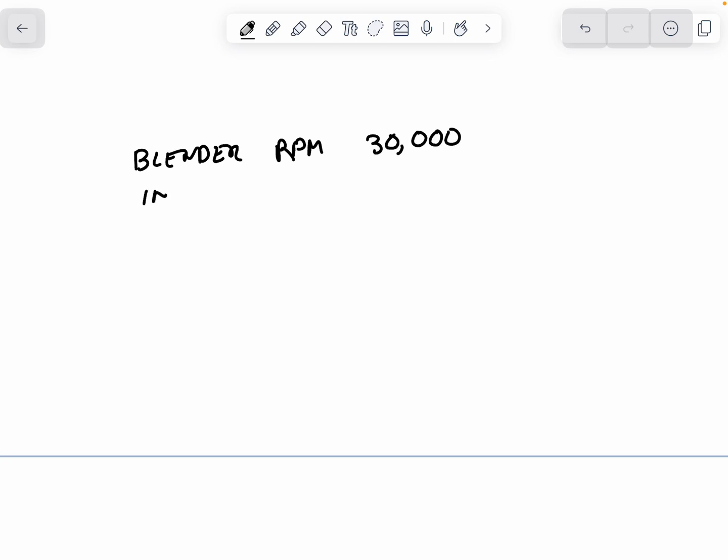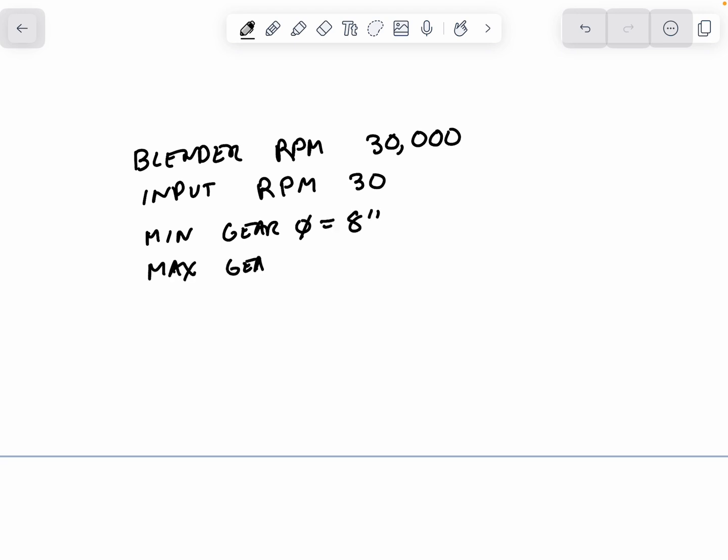We know that our input RPM from our water wheel is 30, and that our minimum gear diameter is 8 inches and our maximum gear diameter is 32 inches. So our maximum gear ratio is going to be 1 to 4. We're starting at 30 and going to 30,000, so we want to increase that as much as possible.